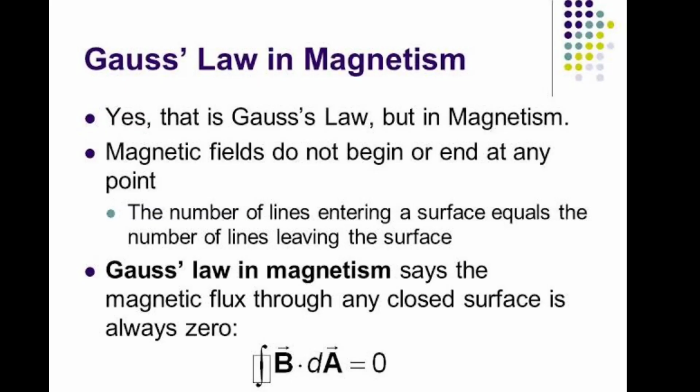These isolated magnetic poles are also known as monopoles. So this suggests that monopoles cannot exist. This law also explains that magnetic field lines do not begin or end at any point. That is, the number of lines entering a surface equals the number of lines leaving the surface. There is no source or sink.